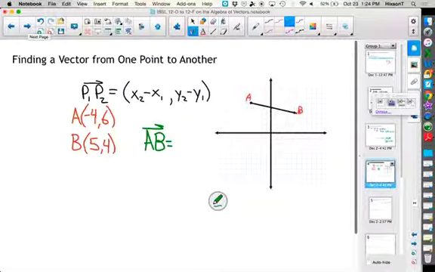Subtract the horizontal coordinates and the vertical coordinates, but notice the order, because order matters here. If you get them in the wrong order, then you'll have your vector going the wrong direction. Notice it says do x2 minus x1.